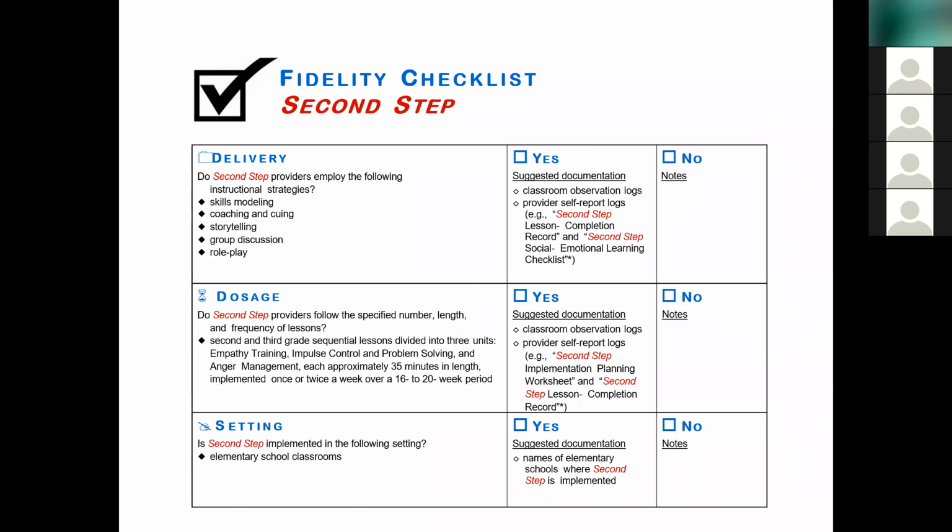Are there things maybe that you identified in the delivery step for documentation that could be used for dosage? Maybe there are other pieces there as well. So take a moment, think about those, and where could you get information about dosage that would help inform your work.